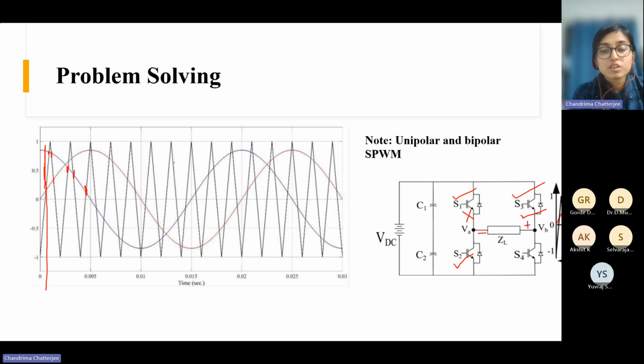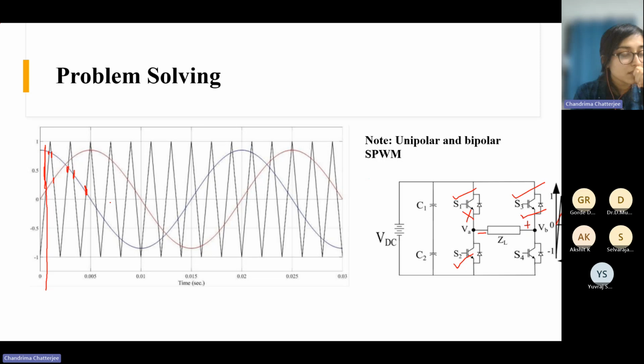In these portions, can you see any portion where we will get plus VDC? Plus VDC means S1 and S4 will be on, S3 and S2 will be off. So what will be the condition? The red one will be higher than the reference value, but the blue one will be lower than the reference value.